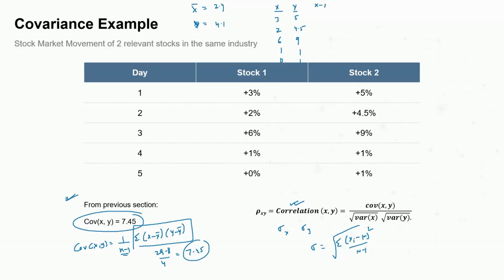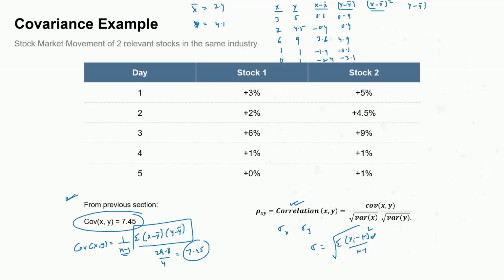So x minus x bar is 3 minus 2.4, which is 0.6, then minus 0.4, 3.6, minus 1.4 and minus 2.4. I'm just repeating what was already calculated. Y minus y bar was 0.9, 0.4, 4.9, minus 3.1 and minus 3.1.